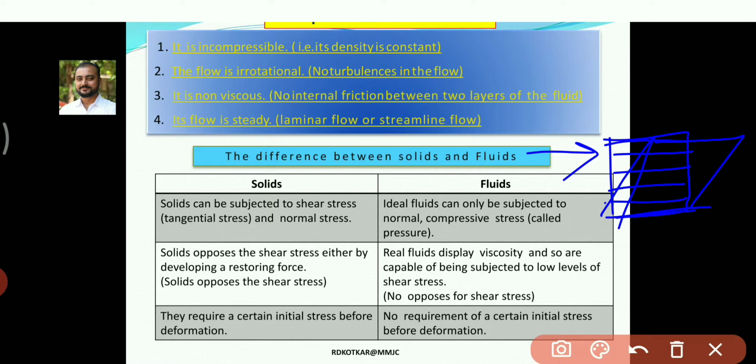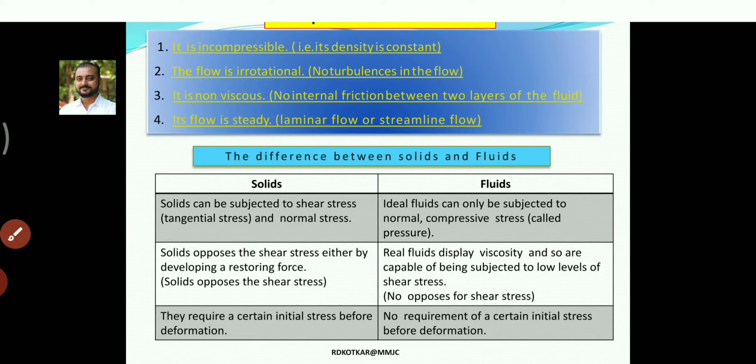Shear stress is subjected to a change in shape of the object, and in a solid this is possible. This shows the change in shape, either by tangential stress or normal stress. But in the case of fluid, ideal fluids can only be subjected to the normal compressive stress called pressure.